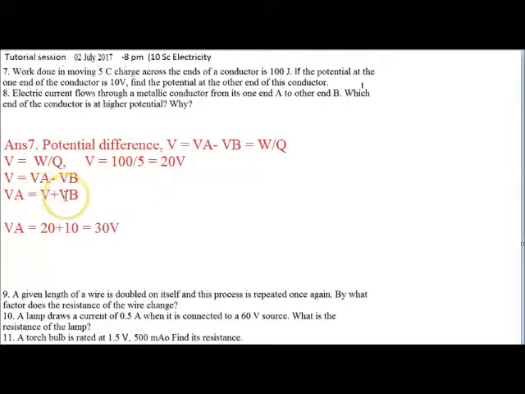So 20 plus 10 volts is already existing here. So 20 plus 10, it comes out to be 30 volts. So be very careful. There is a slight error in this answer. VA is not like this. So I'll just correct it and then you note down this for your purpose. So now you may note down that VA is equal to 20 plus 10 is equal to 30 volts.